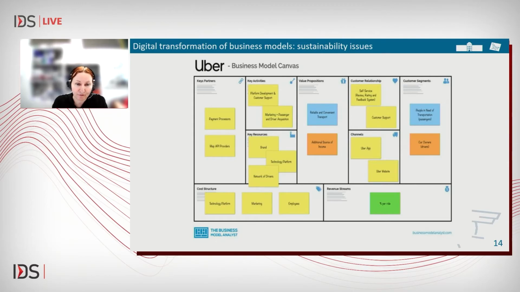If we go further, to the revenue stream for this part, how does Uber get revenue? Share per ride. Uber's business model is based on commission, and because of that there are revenue streams.